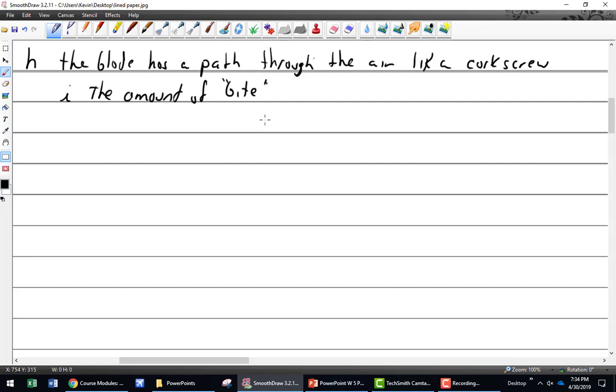The amount of bite the blade takes is determined by the blade angle.